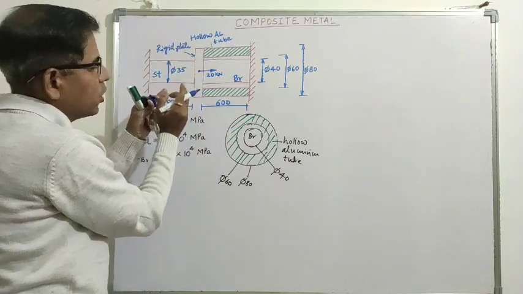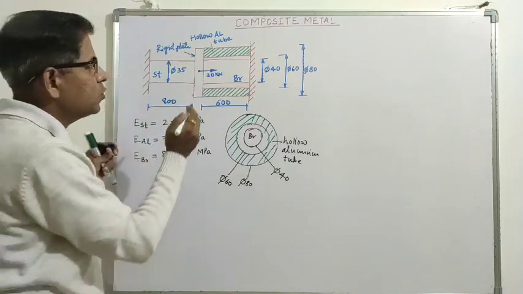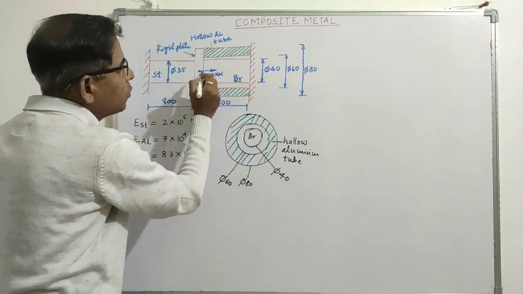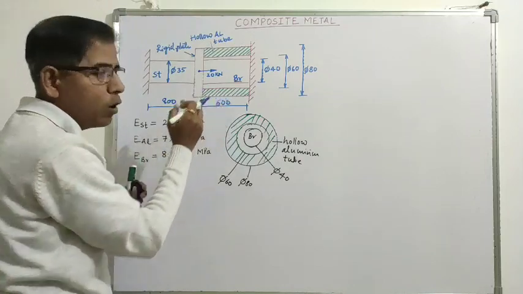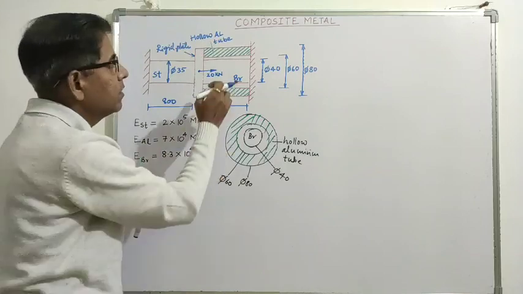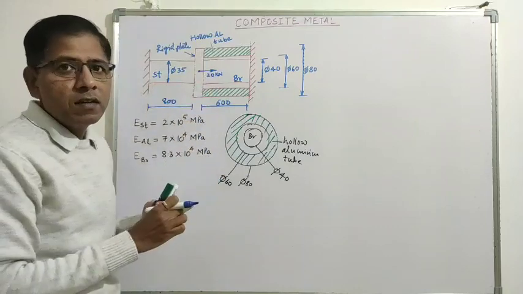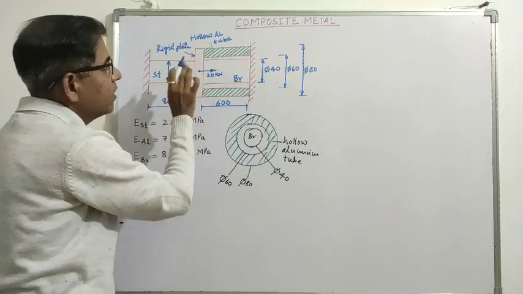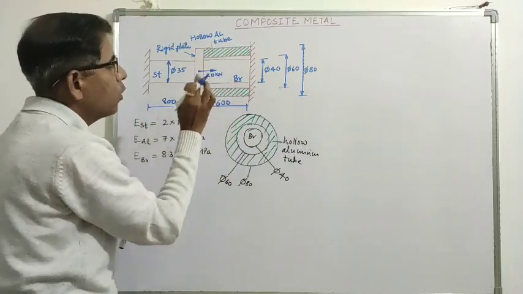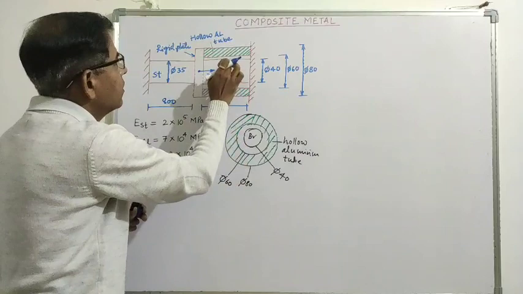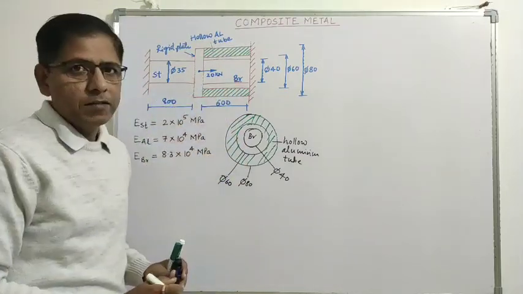So what is the function of this rigid plate? Its function is to apply this 20 kilonewton force uniformly on the hollow aluminium tube and the brass rod. That is the only function of this rigid plate.